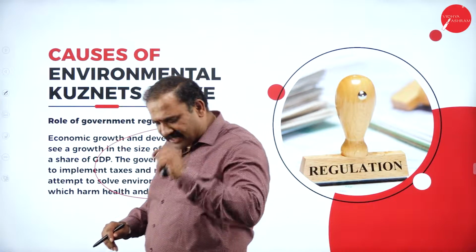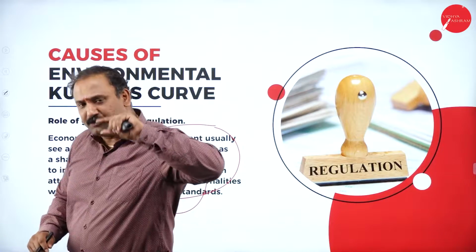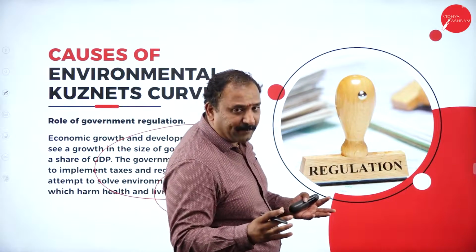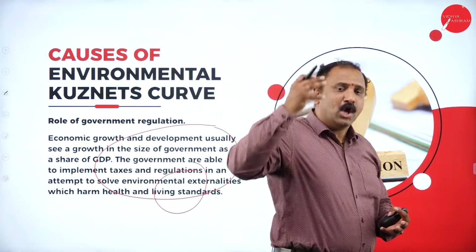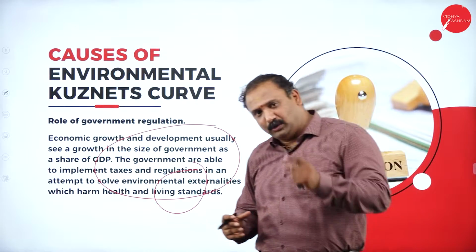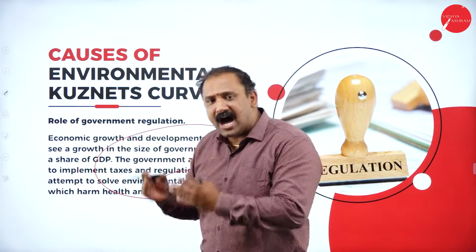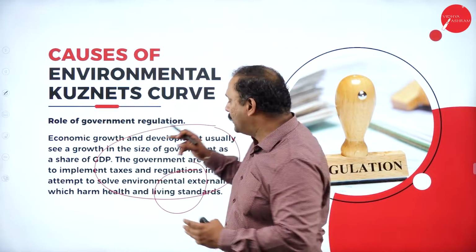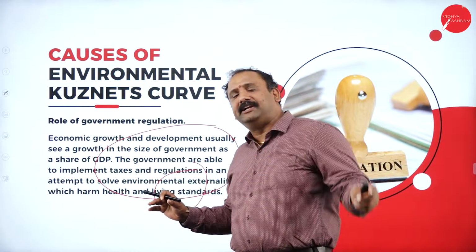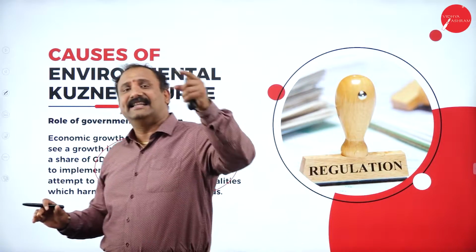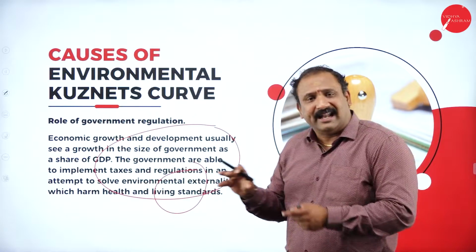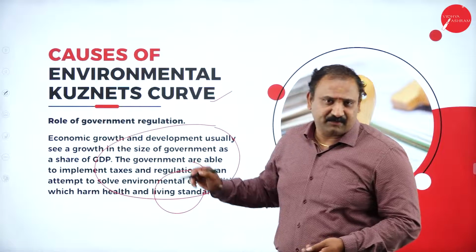They have gone really hard to tell people that if you are found polluting the environment at any given point of time, if you are found doing something which is not acceptable to societal norms, if you are found doing something which will cause harm to the environment, then you will be penalized. So now regulation is trying to set the clock back and get the environment on track. This is a very, very important analysis done by the Kuznets curve altogether.